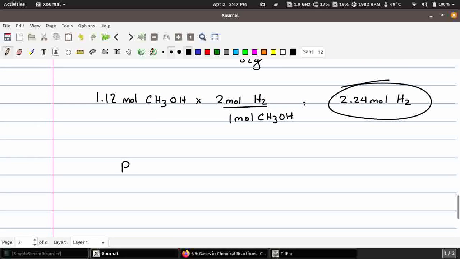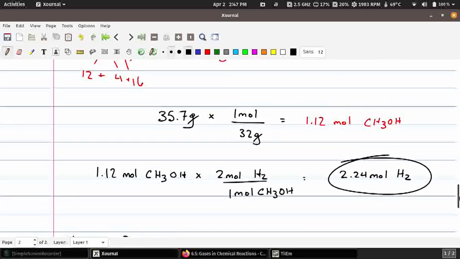So again, PV equals nRT, and this is for H2. I'm not writing all the little subscripts because it gets kind of confusing.